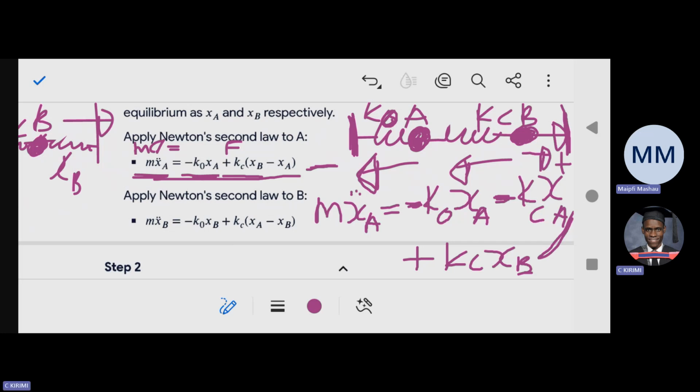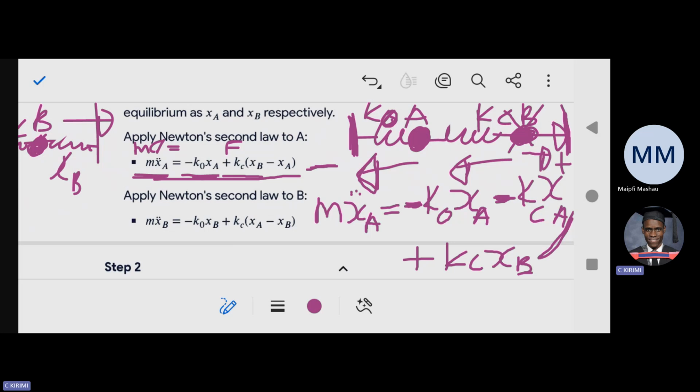Why Kc, is it also negative? Because the spring is attached to A. This spring Kc at the middle, the coupling, is attached to A, while we are ignoring this mass B. At first we ignore the mass what? B. That's why we say that they are both going in the negative direction.